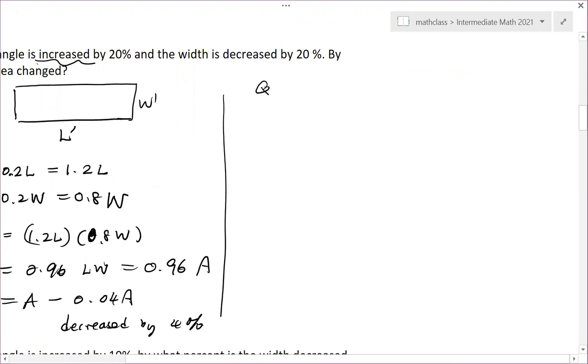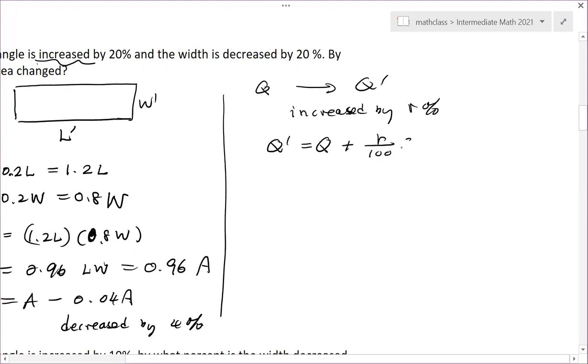If we have a quantity Q, changed to Q prime, increased by R%, the relationship is going to be Q prime equals Q, the original quantity, plus R divided by 100 times the original. So it's going to be 1 plus R over 100 times Q.